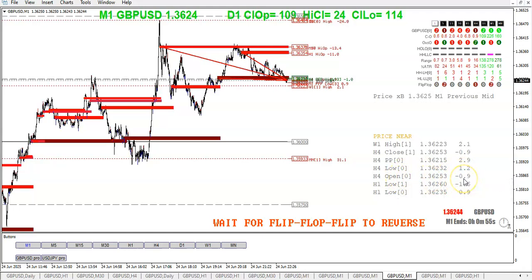H4 open, a pip below. H4 from a bar ago, H1 low, we're just barely above it in the current one. So once again, it just seems overwhelming. Everything's pointing short. We're below the H1 highest open, the M30 highest open.